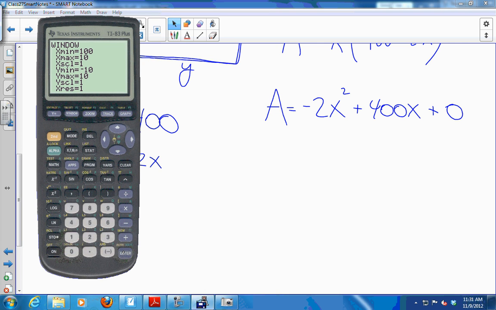And then what's the biggest I could make it? 400. I mean, you actually can't make it 400, but that's a good upper bound. And then for y, that's representing the area of the corral. So the smallest would be 0, if I didn't build one. And then what would a really big area be?